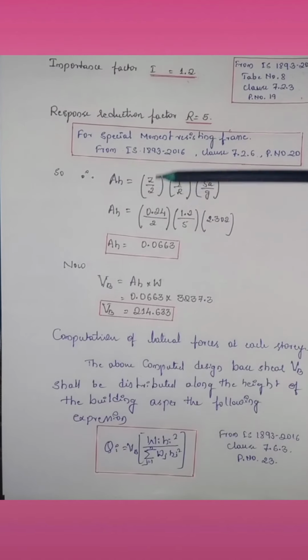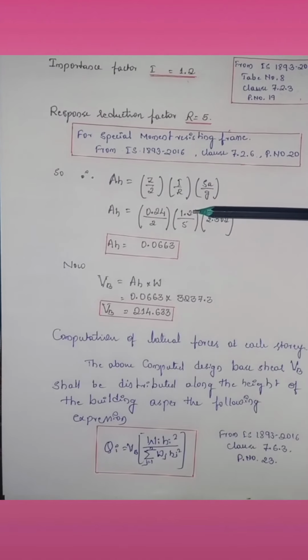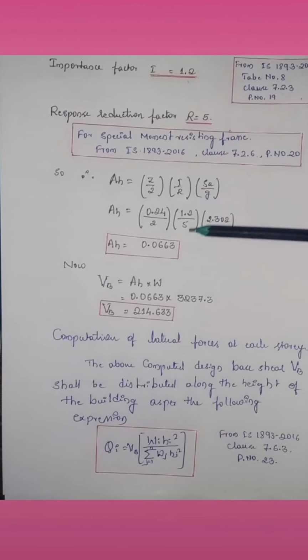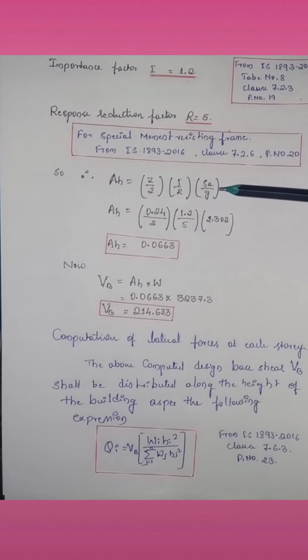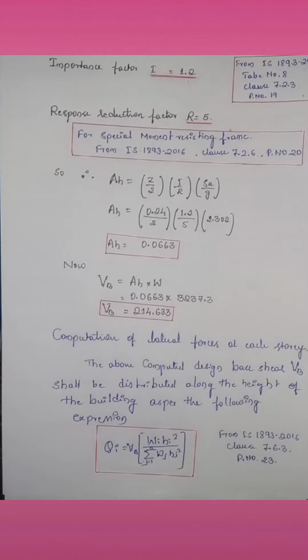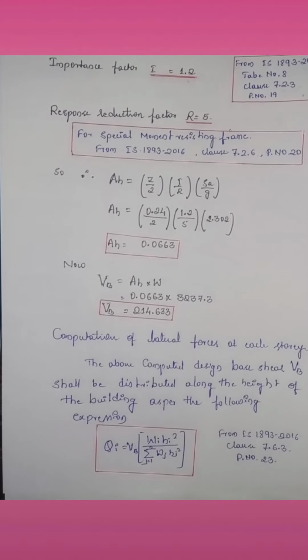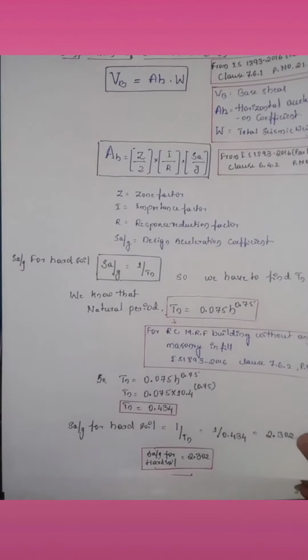Like that we have written the zone factors here, and I is 1.2, R is 5, and the Sa/g value we have got here is 2.302 in this problem.